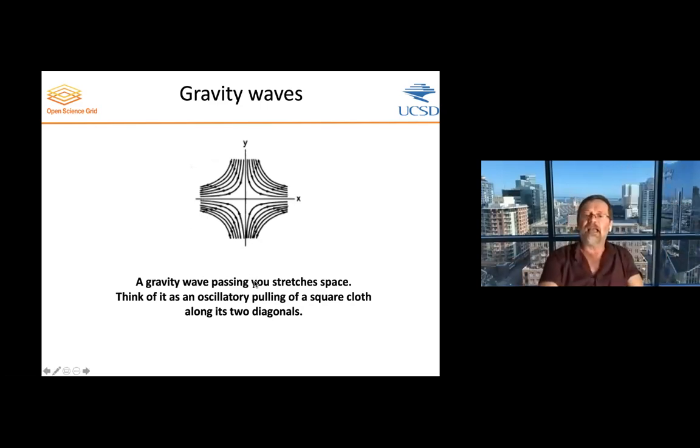So effectively, as a wave goes through the origin here, it would first stretch in X, and then it would stretch in Y. And so the entire space-time, meaning everything in space and time, stretches and shrinks as the wave passes. Can you wrap your head around this? Yep. Right.